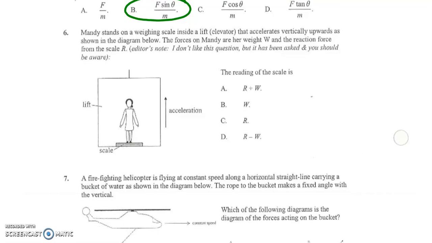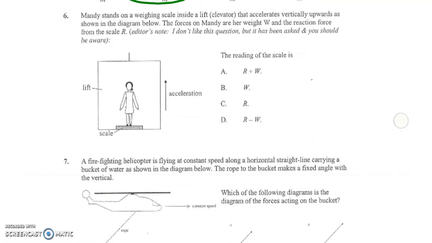All right, this next one, I put a little note here, just talking about my idea on it, but it definitely does test your understanding of the normal force and what the scale reads. So we know that she's accelerating vertically upward, so we do know that the upward force, which is R, the scale reading, has to be greater than the weight W, but it asks for what's the reading on the scale, and that is the upward force.